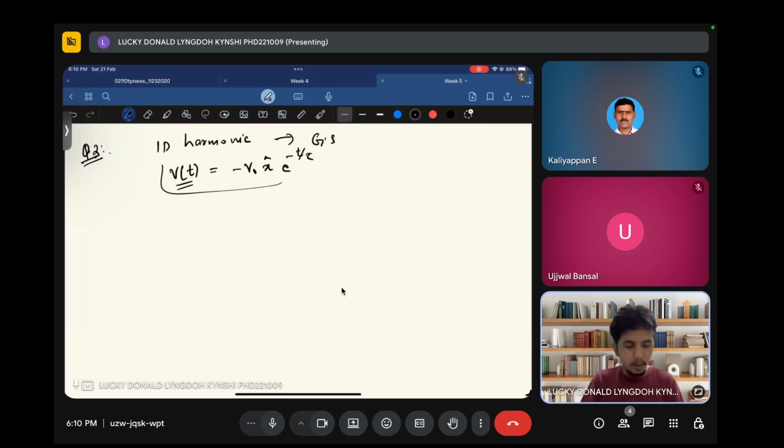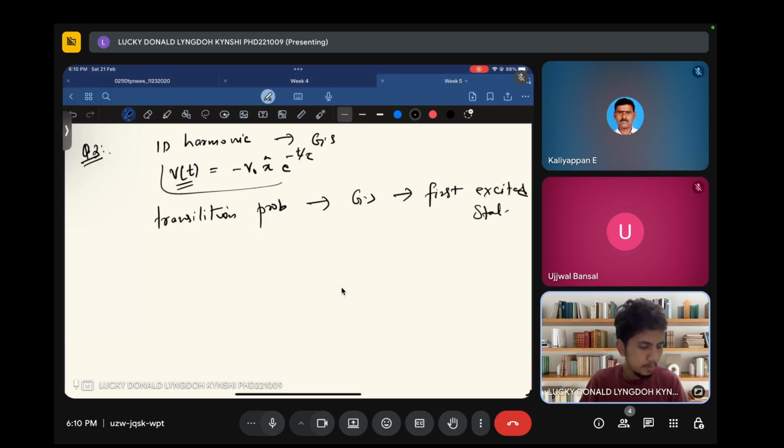The question is to find the transition probability from your ground state to your first excited state. This is exactly the equation which I have just given you.